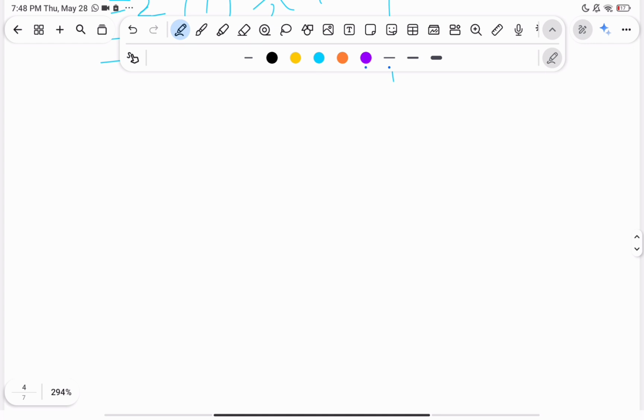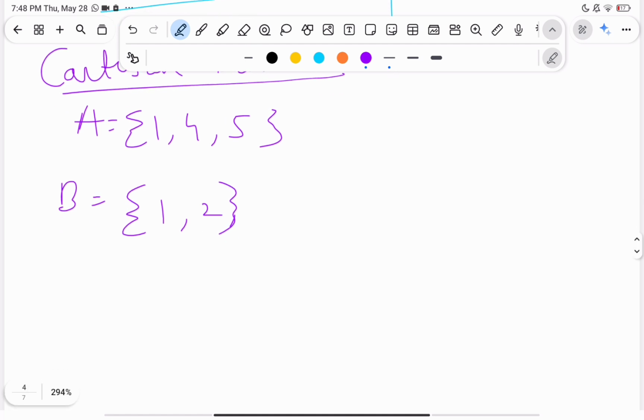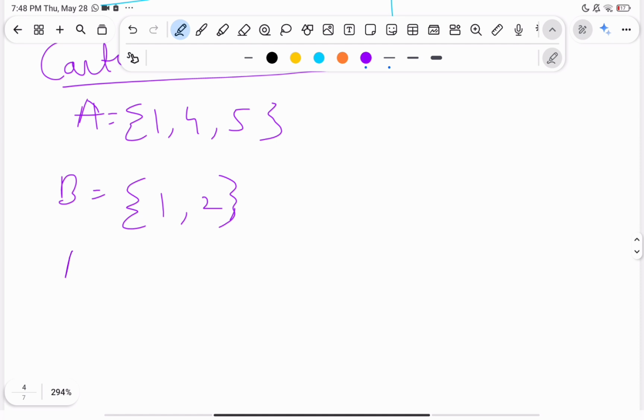Next is the Cartesian product of sets. If A is equal to {1, 4, 5} and B is equal to {1, 2}, then A cross B is all the elements of A with elements of B: 1 with 1, 2; 4 with 1, 2; 5 with 1, 2.